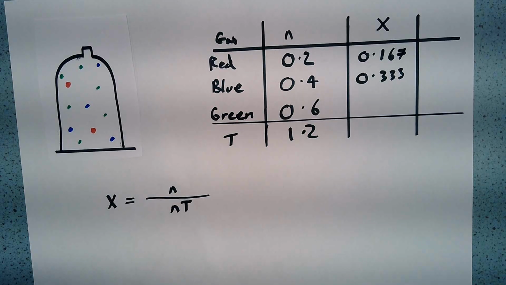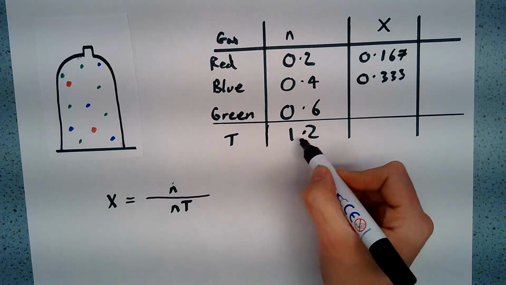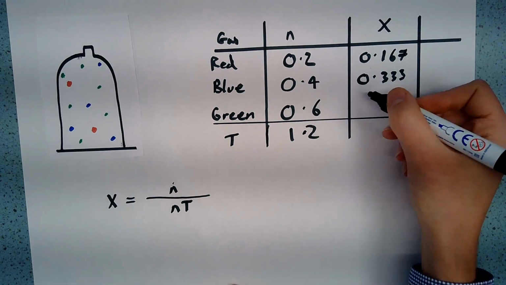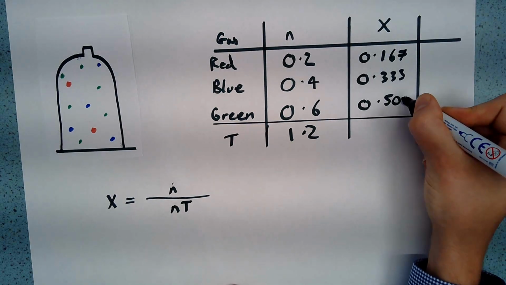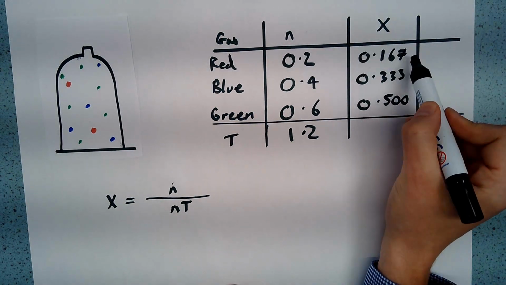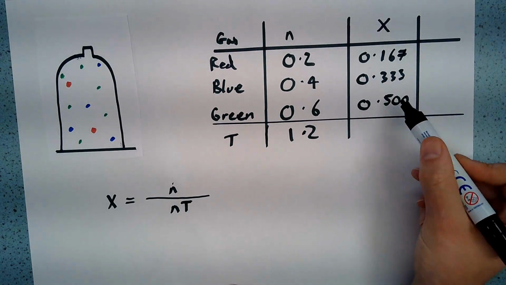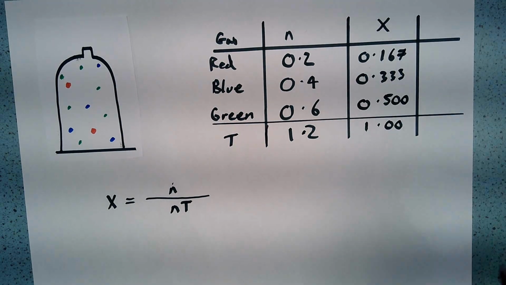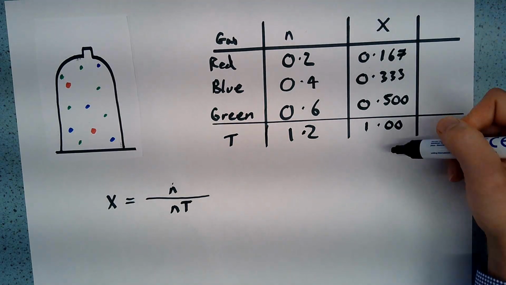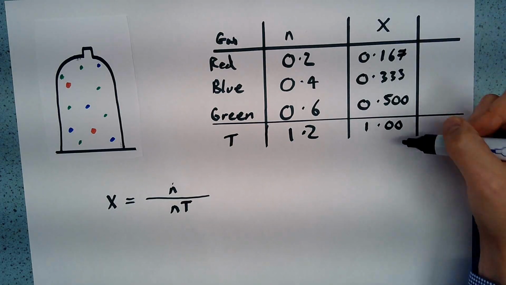And then for the green, 0.6 over 1.2 would give me 0.5. So if I add all of these up, we've got 0.167 plus 0.333 plus 0.5, which adds up to exactly 1. So that's a little check you can do to make sure that you've done your mole fractions right. Everything added together should equal 1.